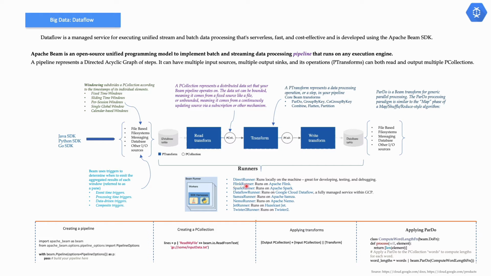Alternatively, you can use Flink runner, Spark runner, Dataflow runner, Samza runner, Nemo runner, Jet runner, Twister2 runner. So if you look at that, what Apache Beam is trying to do is separate what needs to happen with data and where it needs to run.